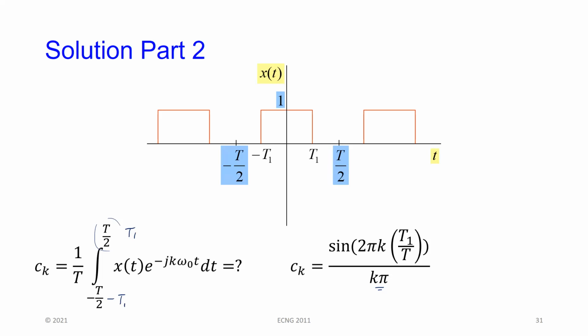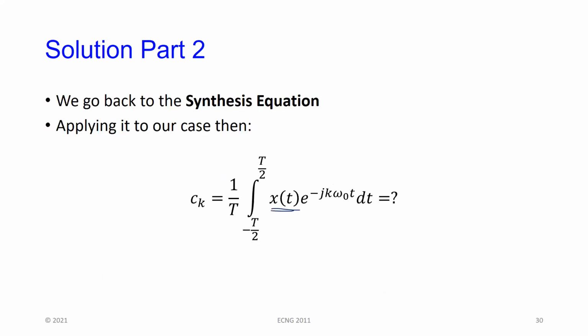So could you explain the limits for the second solution, the limits of Ck? Right. Okay. So the formula for Ck is supposed to integrate over the period of the signal.